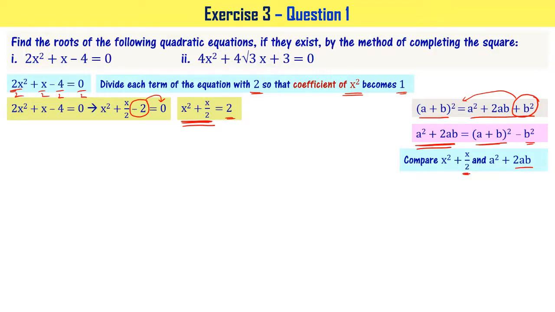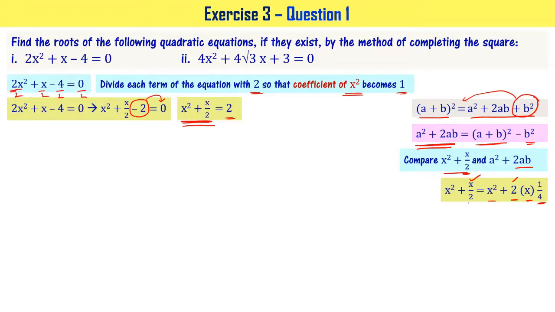Let me rearrange this expression such that I can write it as x square plus 2 times x times 1 by 4. What I have done is I have multiplied this term with 2 and divided the term with 2. That's why I have 2 times x times 1 by 4, right?